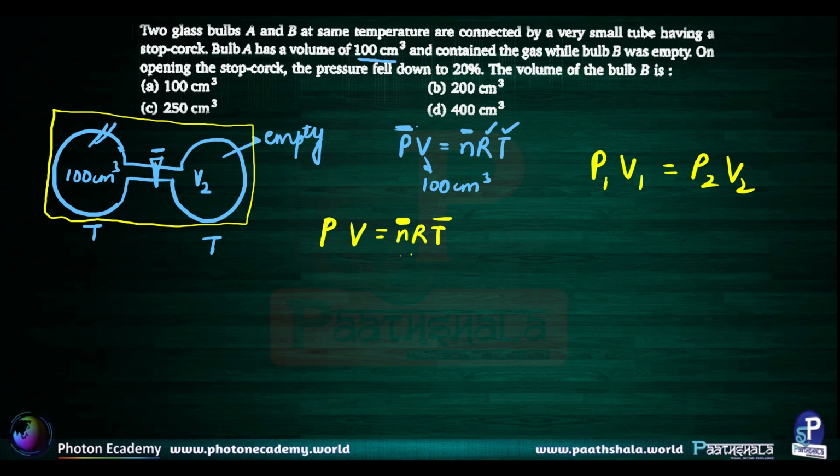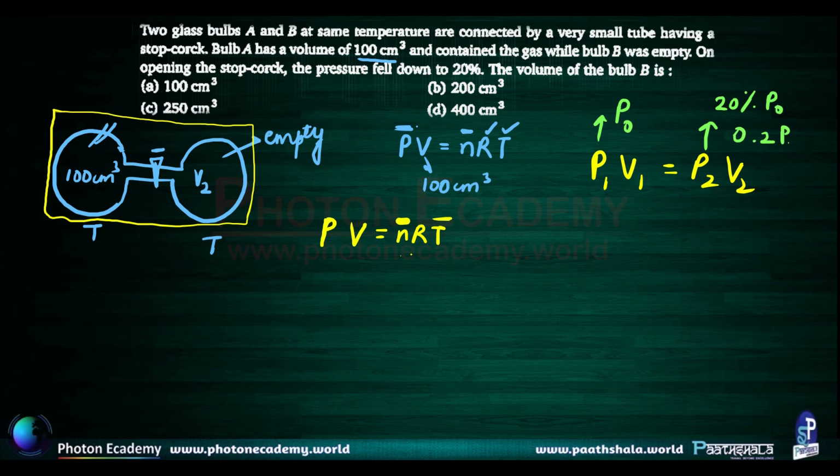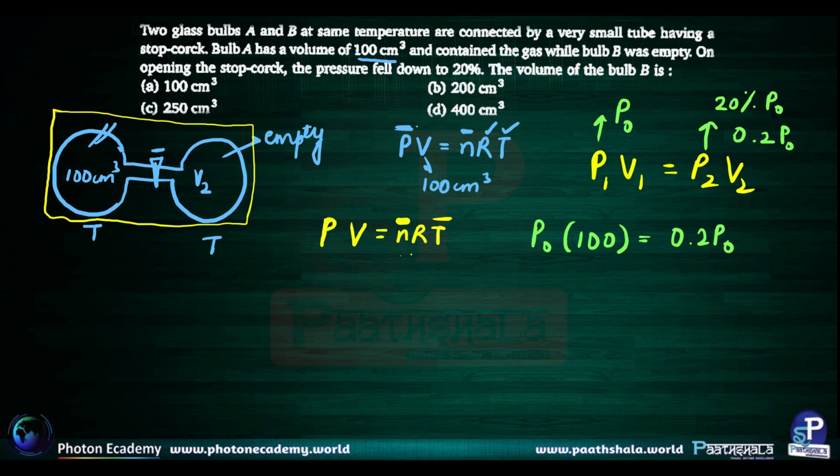Now P1, if considered to be P0, they have said that the pressure fell down to 20%, which means that P2 is 20% of P0, or we can say 0.2 P0. So when we plug in these values, P0 times V1, which is 100, equals 0.2 P0 times V2.